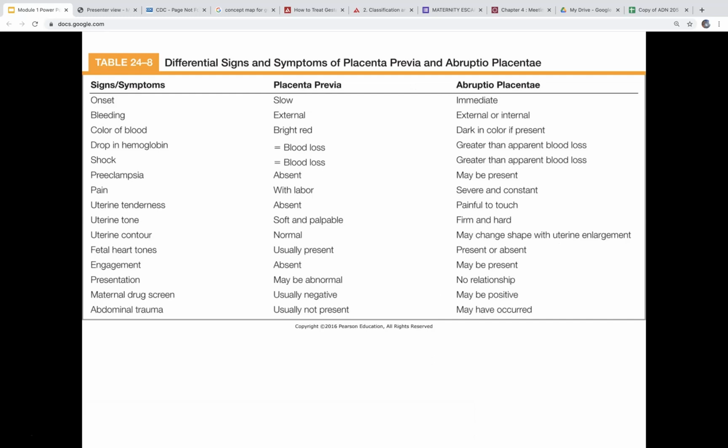In placenta previa, you may see trickling of blood. It's a slower onset. And with abruptio placenta, you may see preeclampsia. So the bleeding, the onset, and the pain in abruptio placenta is severe, constant, dark red blood.